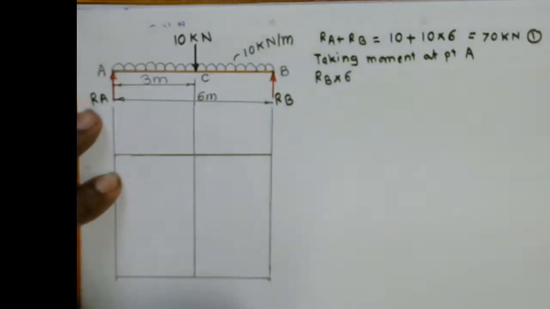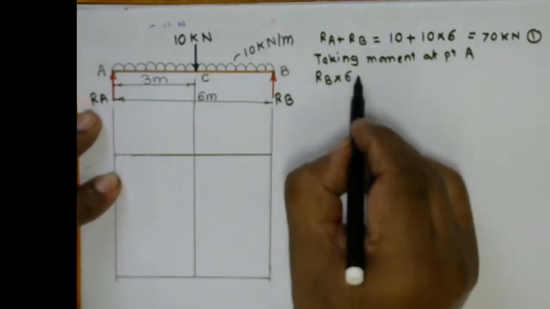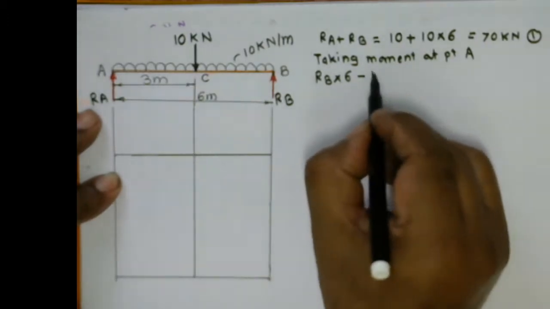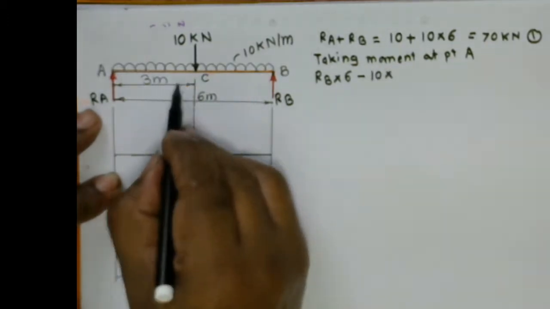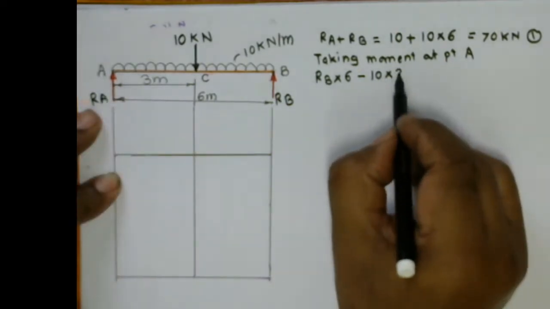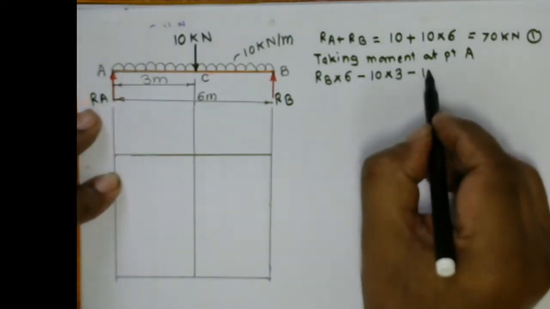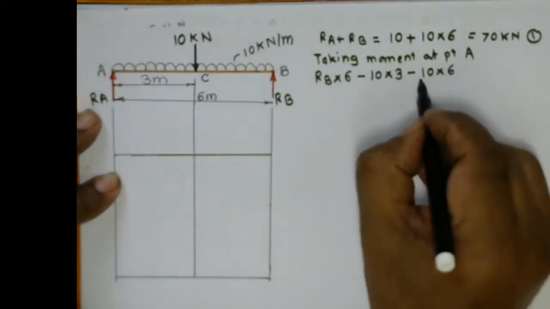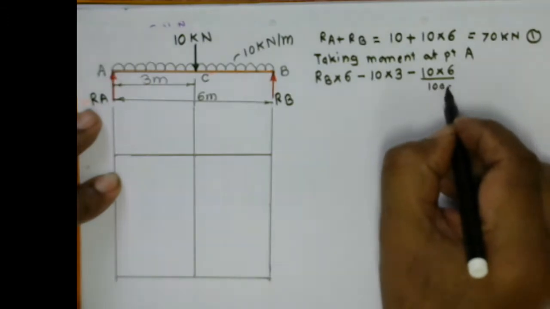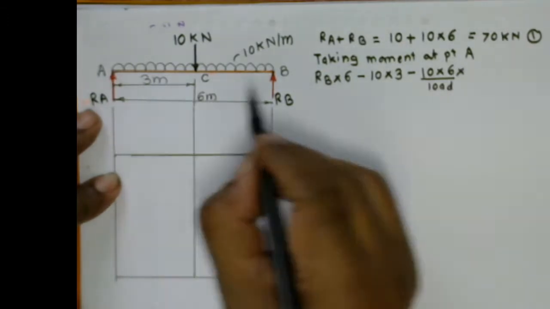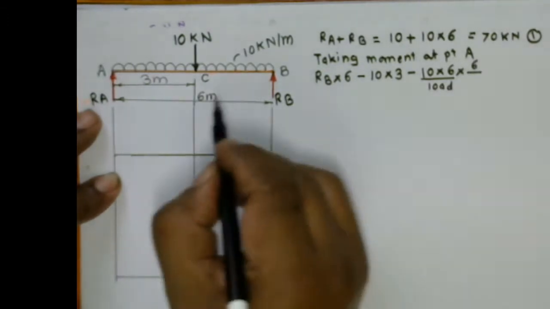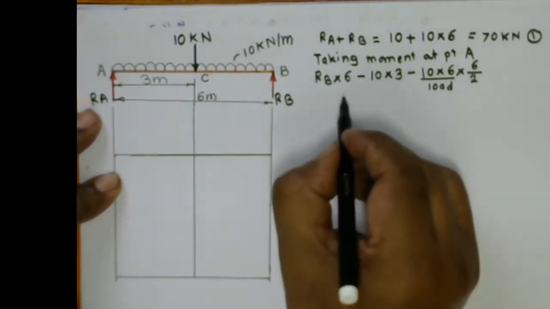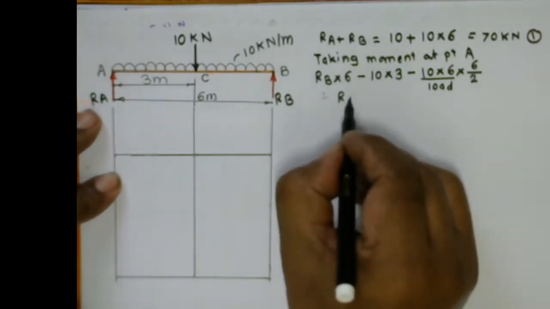So RB into 6 minus downward force 10 kilonewton, 10 into its distance up to the point A, that is 3, minus the UDL, 10 into span of UDL 6. This becomes a load, and UDL always acts at the center of the span, that means 6 by 2.